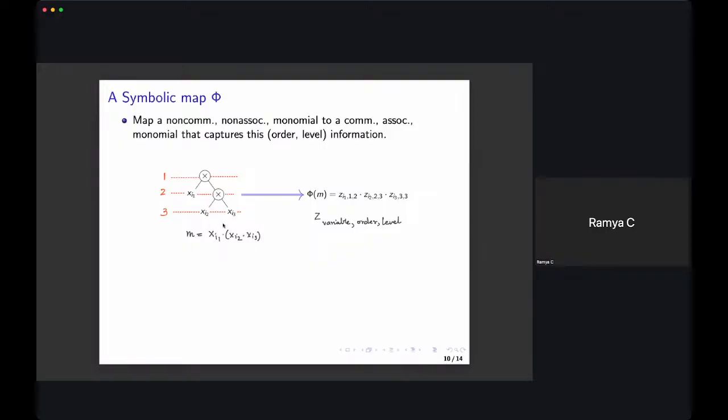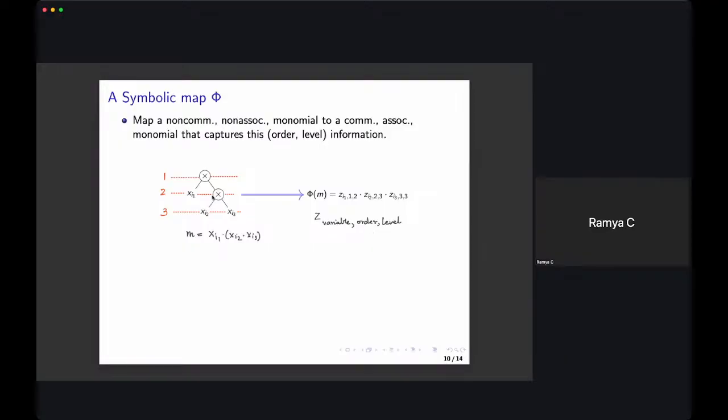You can encode this entire information into a commutative associative monomial. So you introduce a new set of variables, z variables. All of them are commuting, all of them are associative. The first index tells you what the variable is. The second index tells you the order from left to right in the monomial. And the third index tells you the level at which this variable appears.